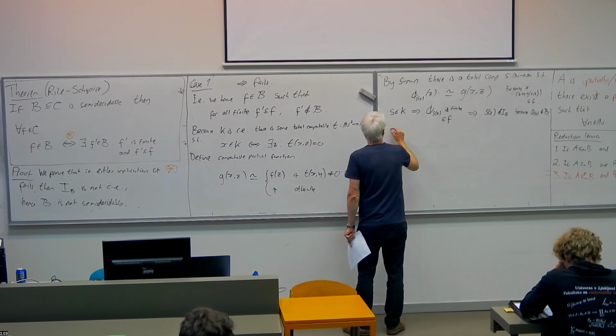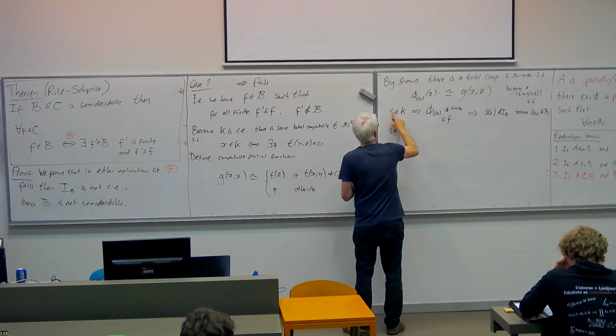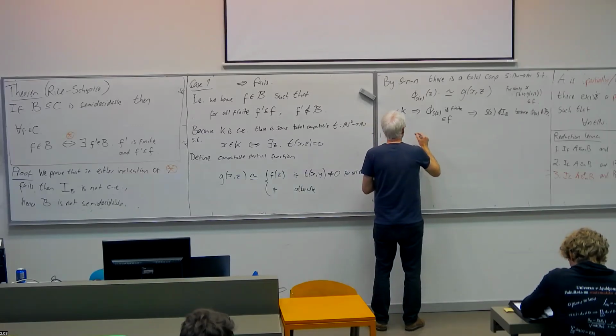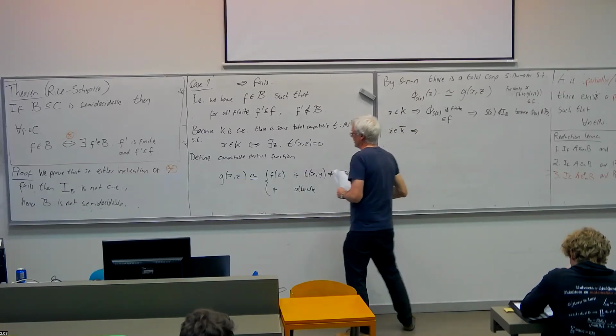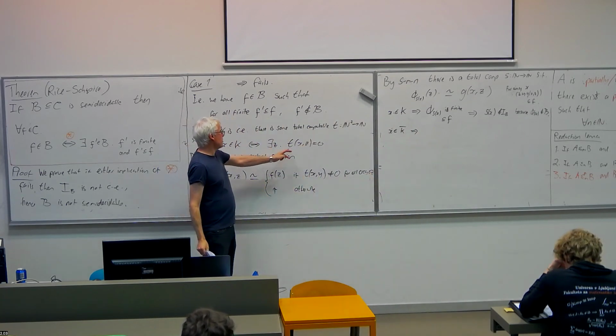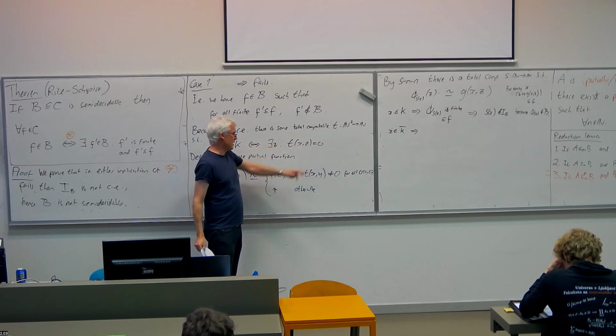On the other hand, if S does not belong to K, let's write it like this, sorry, this should be X, not S. If X does not belong to K, so in other words, if X is in the complement of K, then there is no Z such that T of x of Z equals 0.